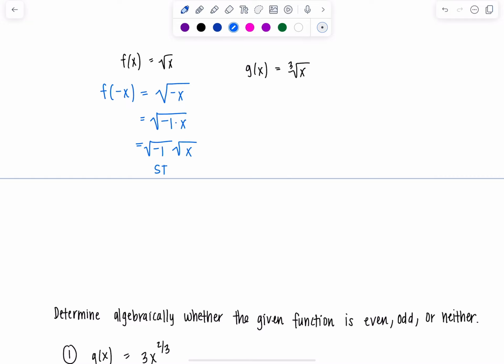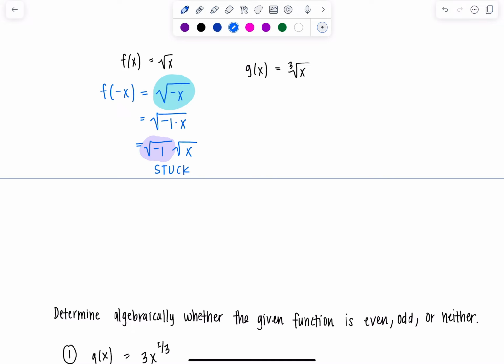But at this point, I'm stuck because the square root of negative 1 is not a real number. That is our imaginary unit i, which you might study later on, but basically we can't further simplify from here. And so you really can just stop once you notice you have a negative in front of your variable and the index of your radical is even.